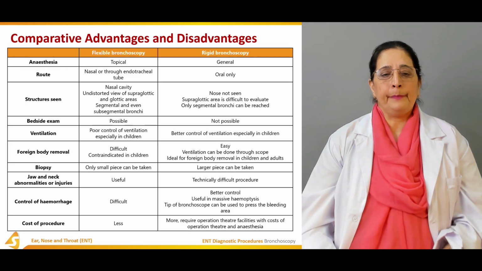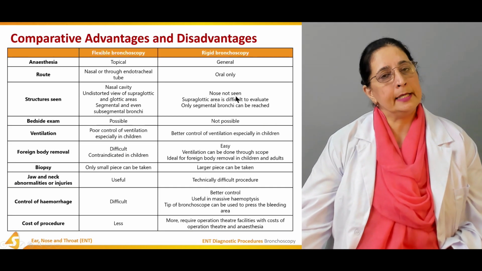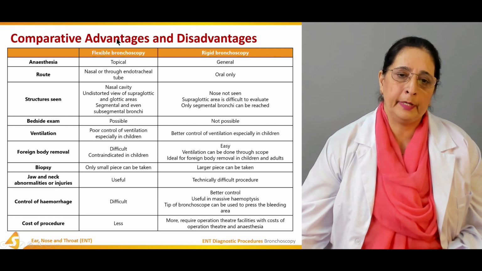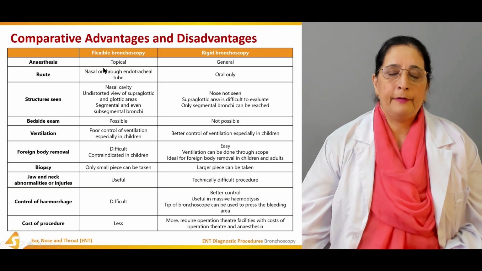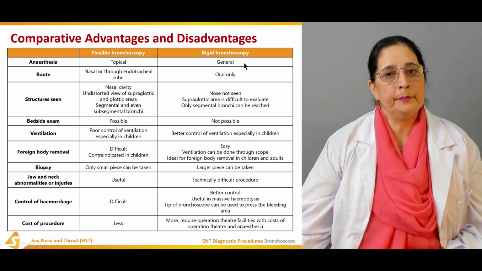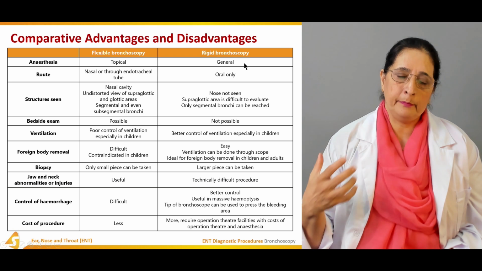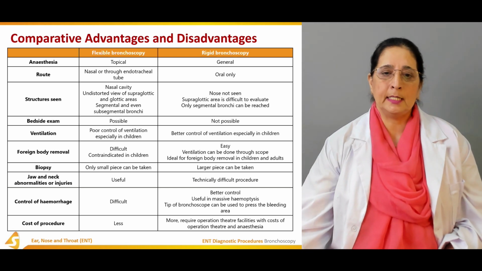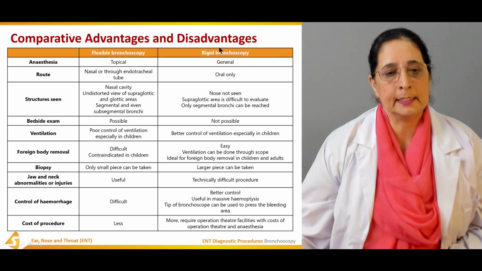Now, the comparative advantages and disadvantages of flexible and rigid bronchoscopy. Anesthesia: flexible is topical, rigid is general. That's one major difference. One can be performed under topical anesthesia, the other needs general anesthesia.